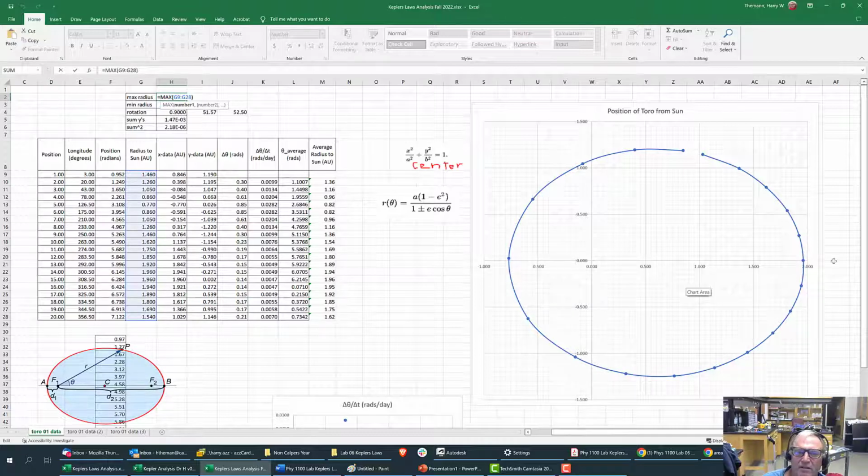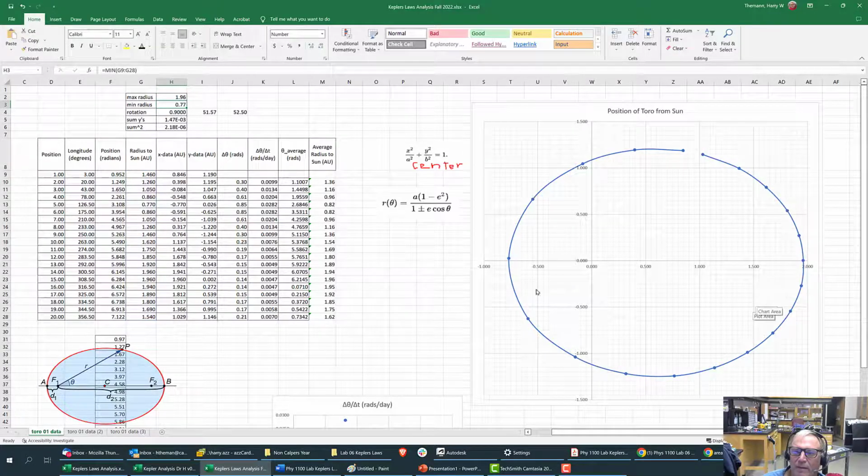If nothing else, I know that the points with the min and max radius are going to be, remember the center is here, so approximately there's the min radius, and the max radius. As far as the data points, they may not be the actual min and max radius.